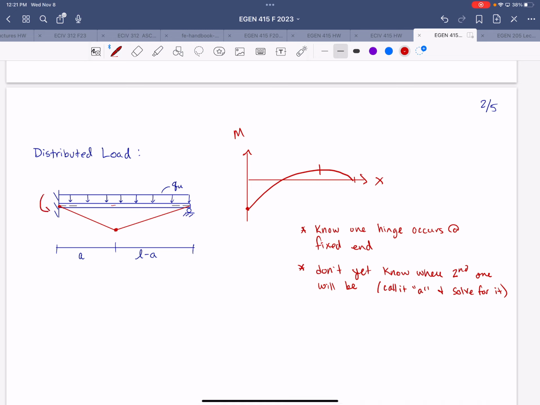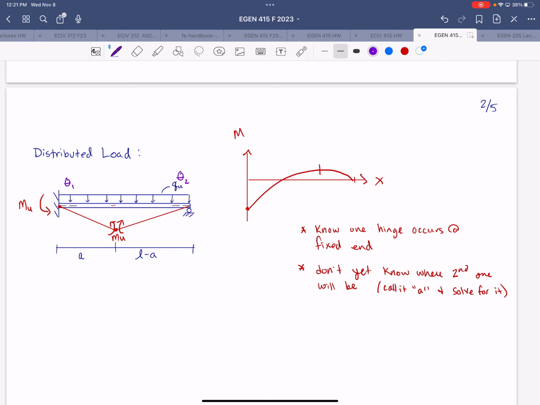So we have our moment mu occurring at the plastic hinges. At the left end, we have an angle theta 1, and at the right end, we have an angle theta 2.